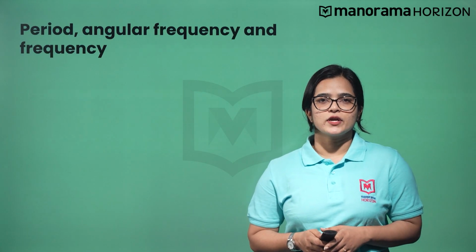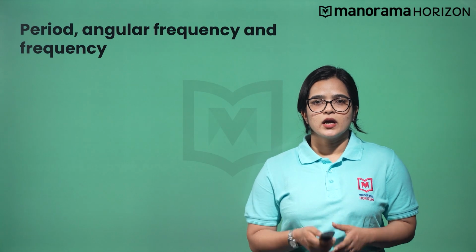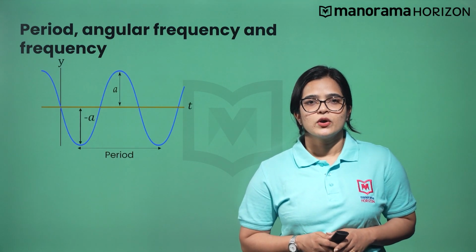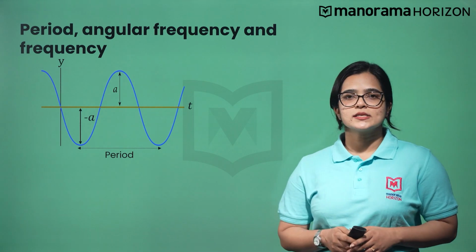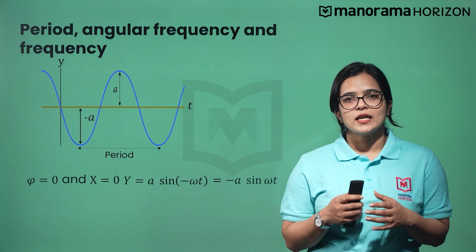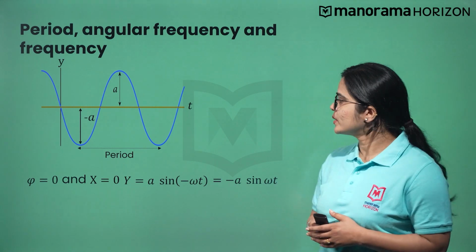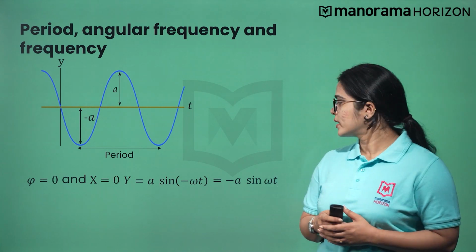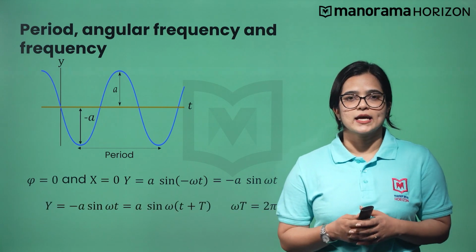Period, angular frequency and frequency. Now let us consider the displacement of an individual element with time. We can take phi equal to 0 and x equal to 0 for convenience. Then we once again get a sinusoidal graph, a sine of minus omega t, or minus a sine omega t.